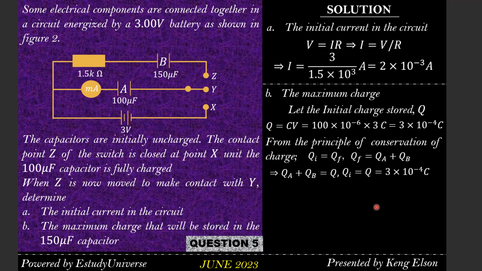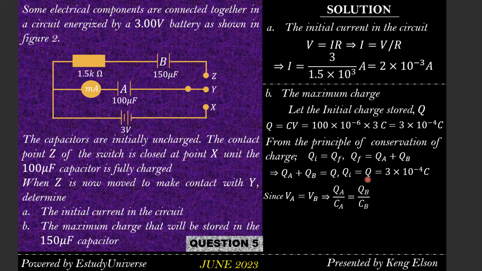Now, since the voltage across the 100 microfarad capacitor is the same as the voltage across the 150 microfarad capacitor, since Z will now be in contact with Y, and since Q is equal to CV, V will be equal to Q on C. So VA, the voltage across the 100 microfarad, is QA on CA, the charge it stores divided by its capacitance.